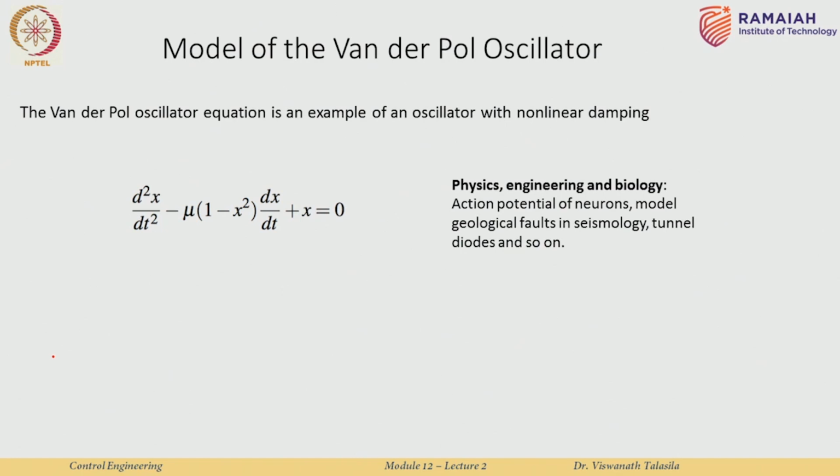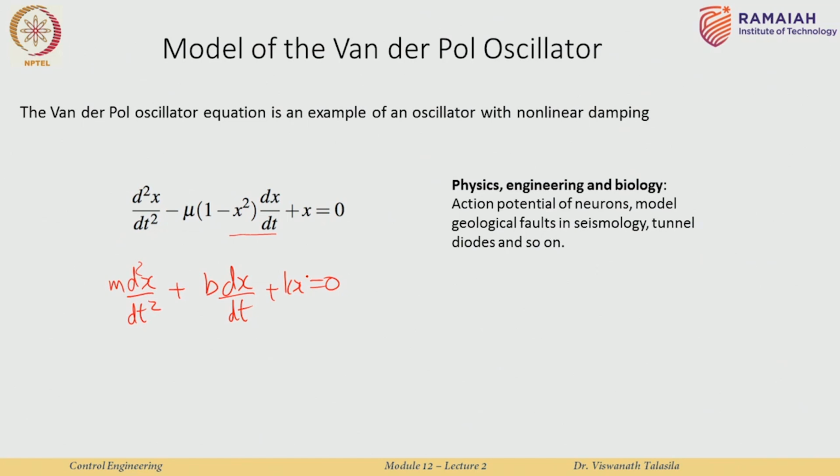Okay. So, let us move on to another example, the van der Pol oscillator, which is an example of an oscillator with nonlinear damping, which you can see in this particular term over here. If you think of this as a mass spring damper or an RLC circuit, it would look something like this: m d square x by dt square plus b dx by dt plus kx equal to 0.